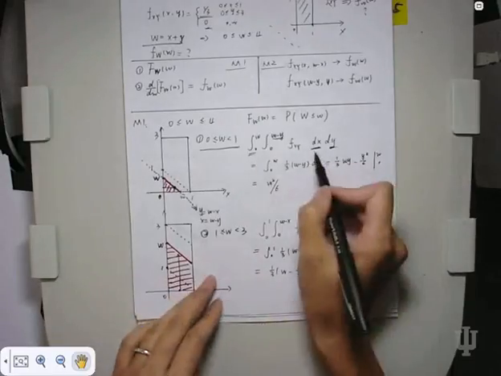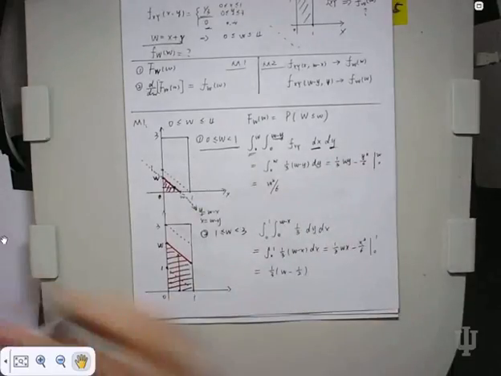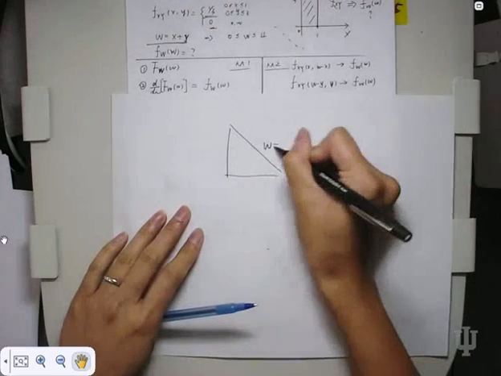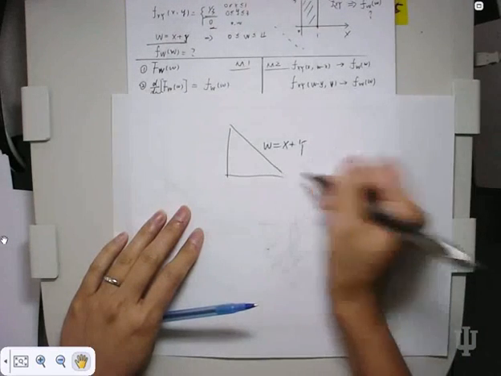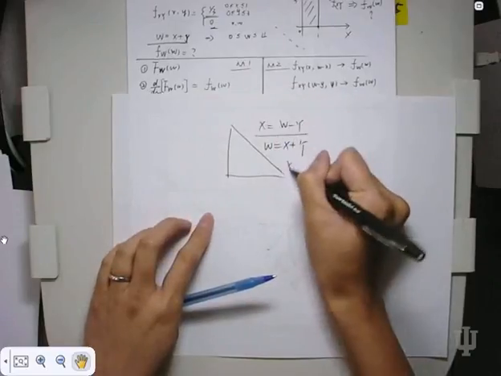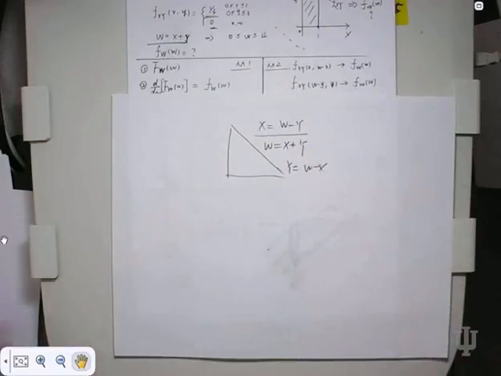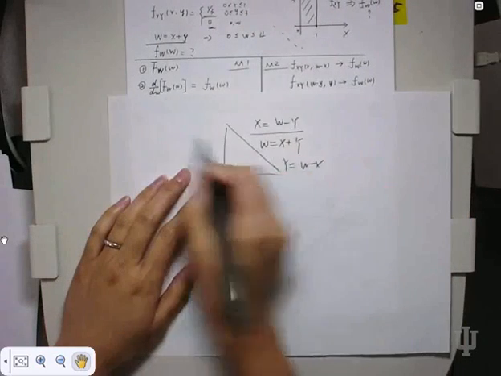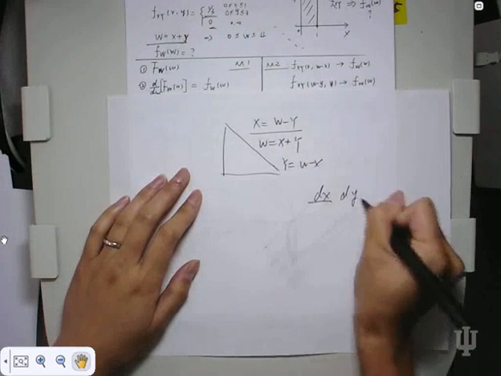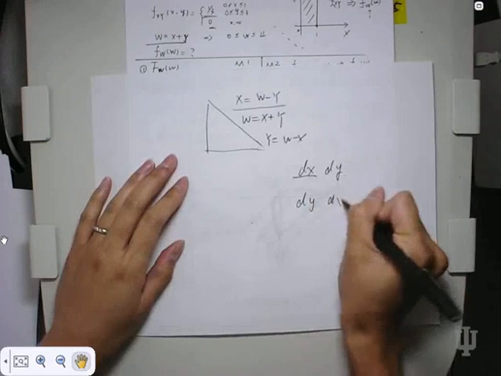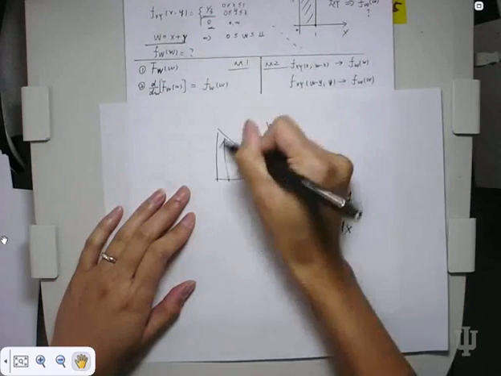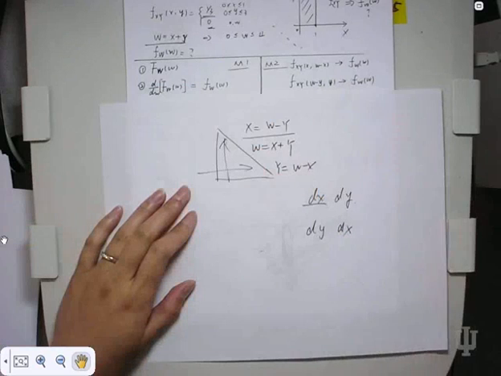So I decided, if you do it another way, W equals x plus y means if I carry my x it is W minus y, and if I carry my y it is W minus x, right? So just now I did it this way first, dx first, then dy. If I want dy dx, it means I need to think about this first and this second, right?